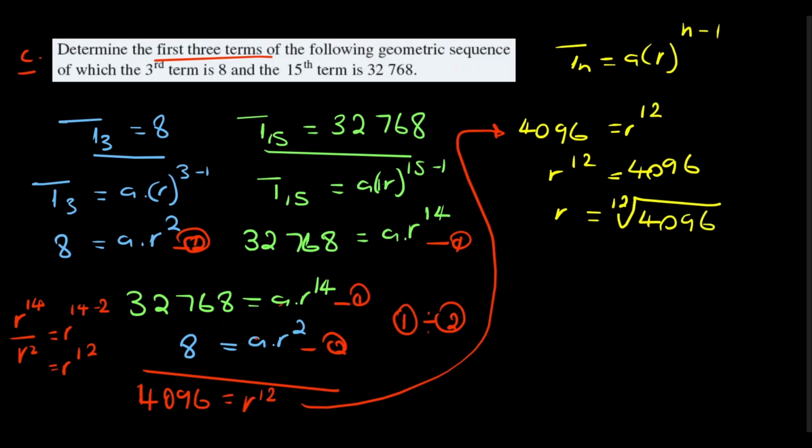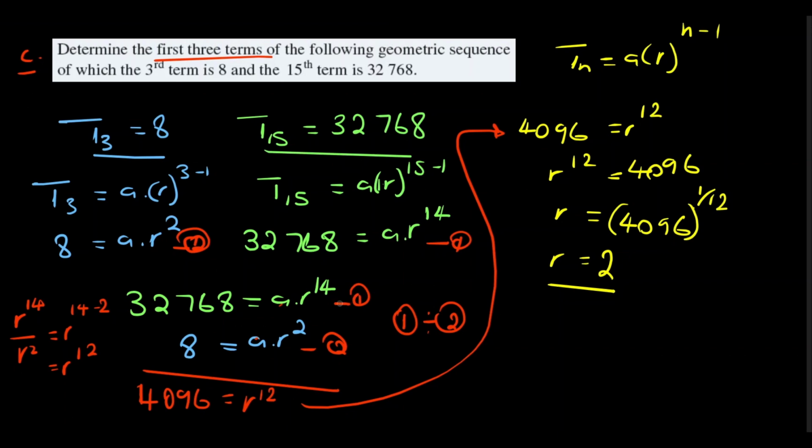Or if you're not comfortable with that, you can simply say 4096 to the power of 1 over 12, and it will give you the answer. Type 4096 to the power of 1 over 12 in your calculator, and you should get your R value to be 2.